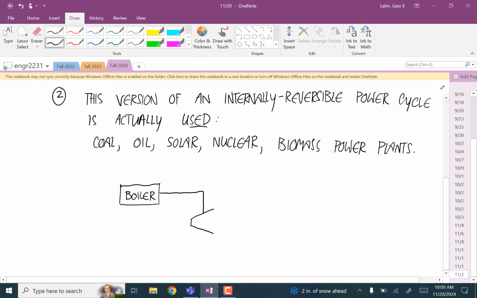At the boiler, heat comes into our system from the furnace. Then from there, it goes to a turbine, and work from the turbine comes out there.